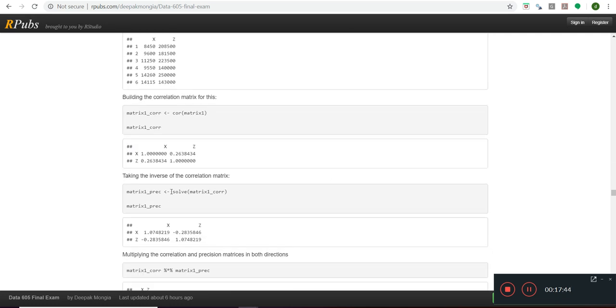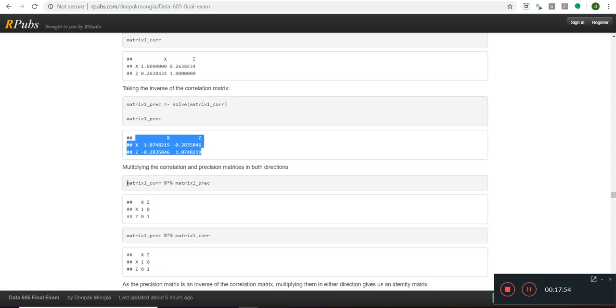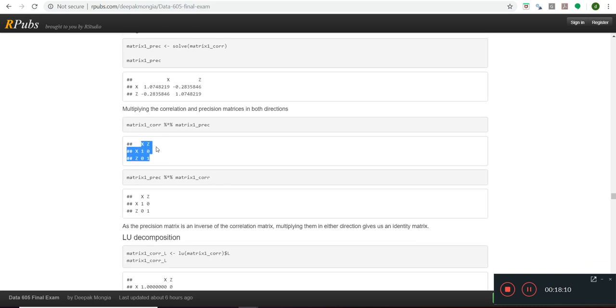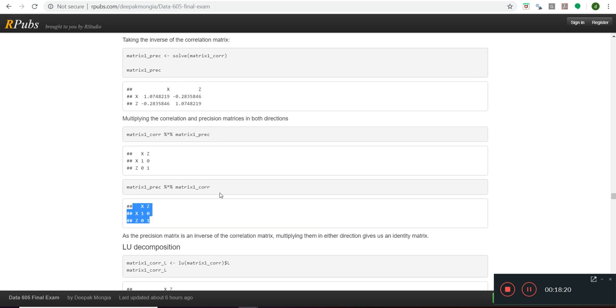We are using the inbuilt R function solve, and this comes out to be our precision matrix, which is the inverse of our correlation matrix. We'll then multiply the correlation matrix with the precision matrix, which are basically inverse of each other, as we calculated the precision matrix as the inverse of correlation, and it comes out to be an identity matrix. Similarly, we'll run the multiplication the other way around, the precision matrix first and the correlation matrix second, and it comes out to be the identity matrix again.